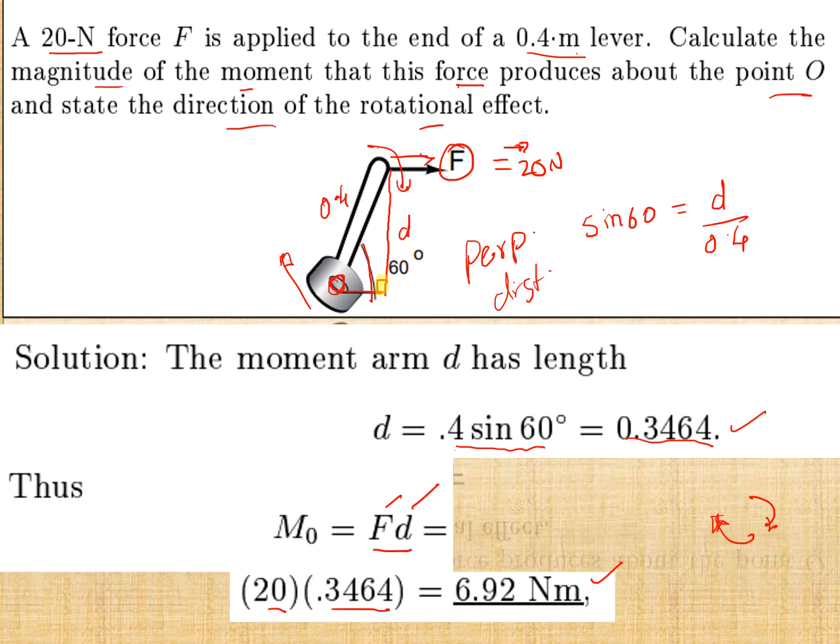So finally, it is going to move clockwise. Getting the idea? It will be moving in a clockwise direction. So the rotation will be clockwise. This is the final answer: the rotational effect is clockwise, and 6.92 Newton meters is the moment of force. Okay, thank you.